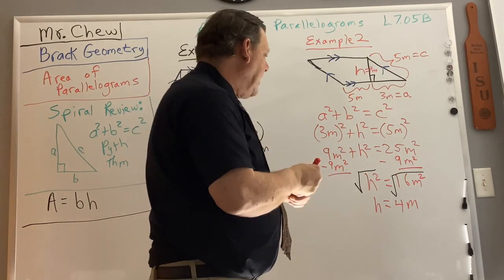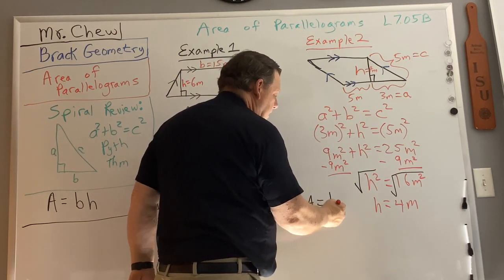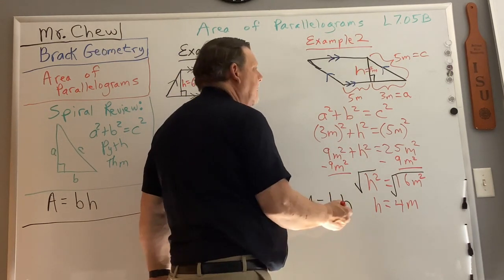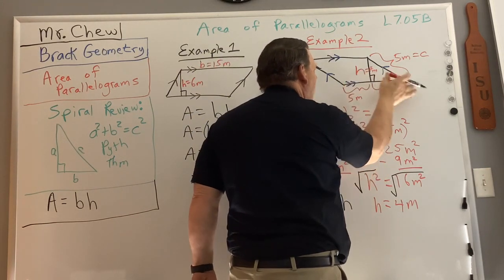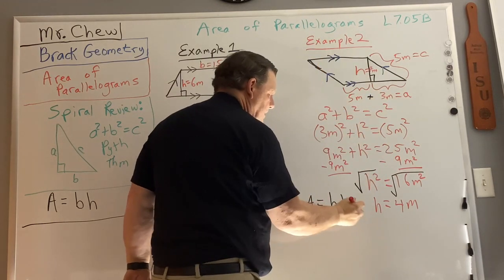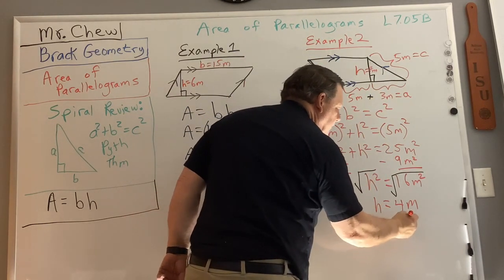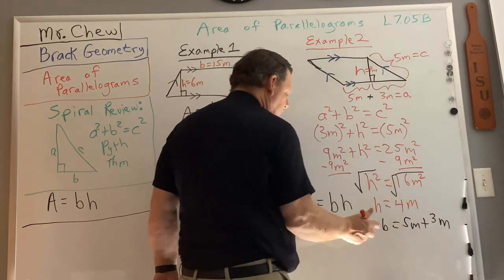So now to find the area, I just substitute the base and the height. And I know to find this whole base here, I add these two, 5 meters plus 3 meters. So my base is 5 meters plus 3 meters, and my height is 4 meters.